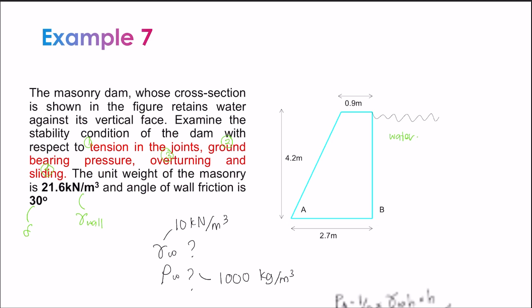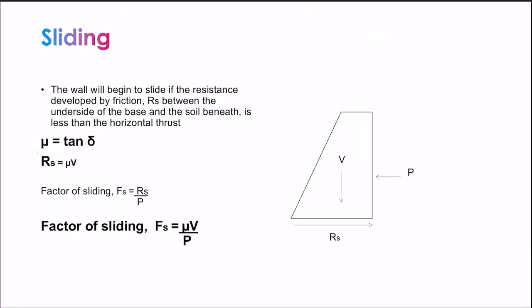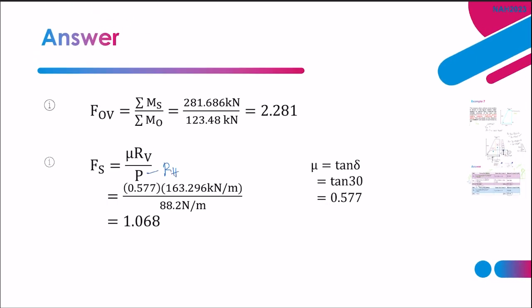Since in this question it does not give mu but gives the value of delta, we know that to get mu, you take the value of delta and take its tangent. So where is the formula? Here, mu equals tangent delta. Tangent 30 degrees becomes 0.577. That is the value of mu.